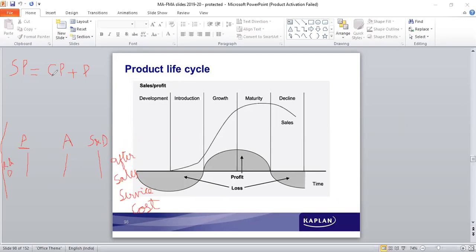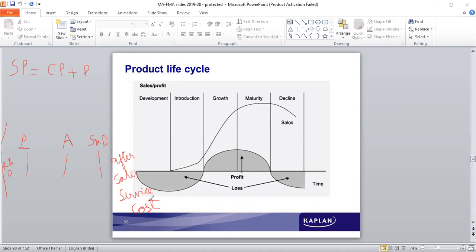During this 5 years period, all the costs which are incurred, starting from research and development, product designing, production, administration, selling and distribution, even after sales service cost, also have to be estimated. So that will be the total cost during the total life of the product. So everything is accounted. Then find out what is cost price per unit.